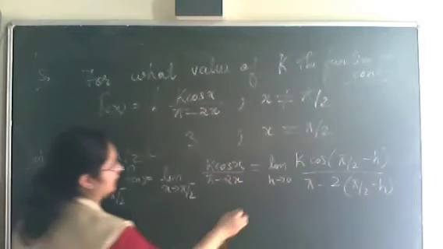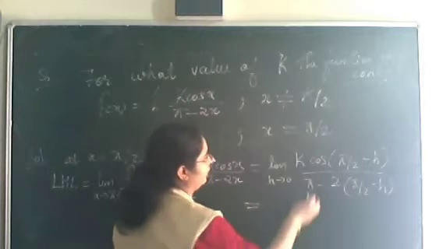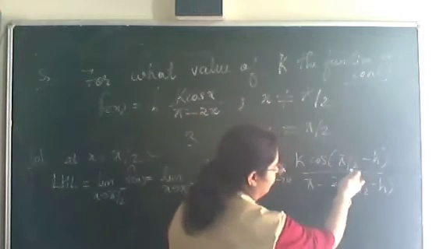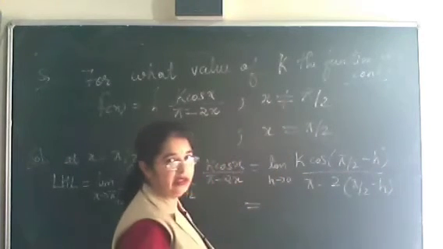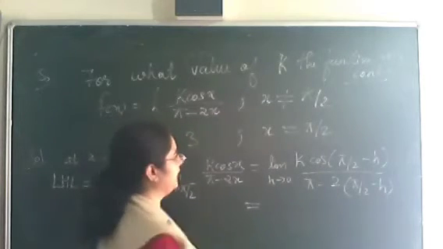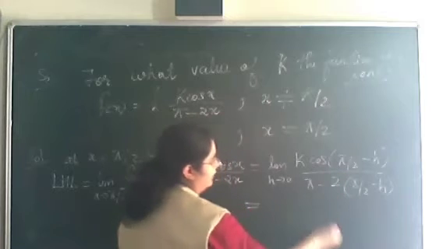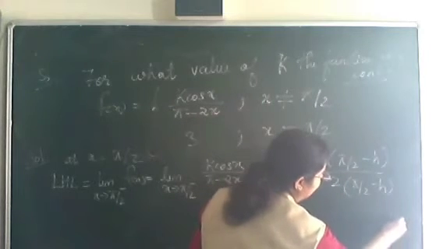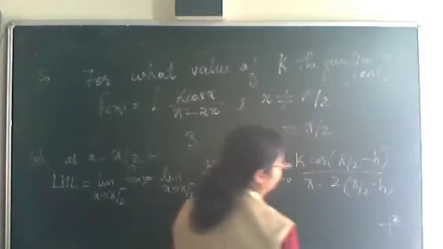Now the next step: you know what is cos of pi by 2 minus theta? Cos 90 minus theta will come in the first quadrant, so it will change.